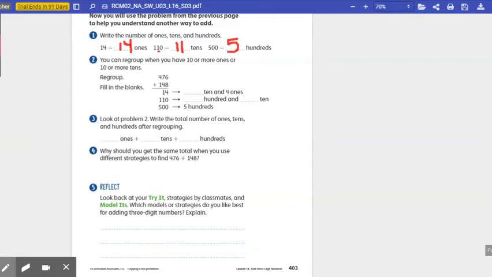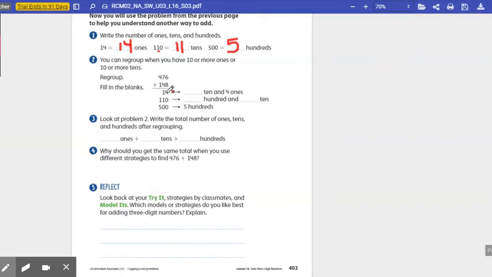All right, now it says that you can regroup when you have 10 or more ones or 10 or more tens. So remember, anytime we have 10 ones, we can regroup that as one group of 10. Remember that word regroup means a new way to organize it, okay? When we have 10 groups of 10, we know that that reorganizes into one group of 100.